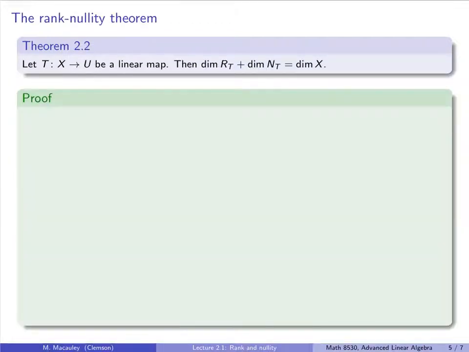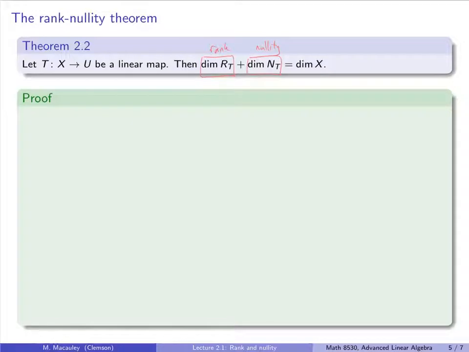The well-known rank-nullity theorem says that for any linear map T, its rank plus nullity add up to the dimension of the domain space.